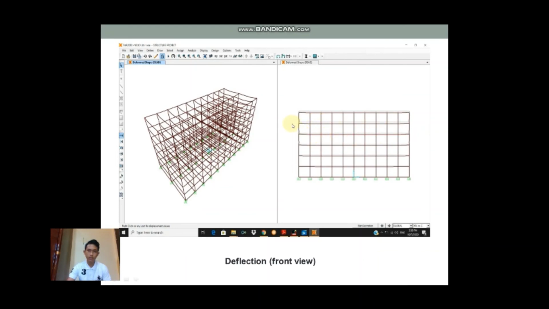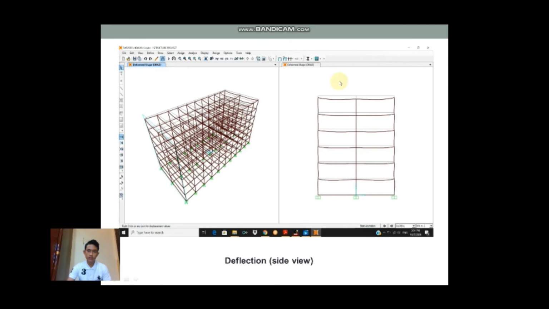This is from front view. So this is from side view, we can show it clearly. This is the deflection.